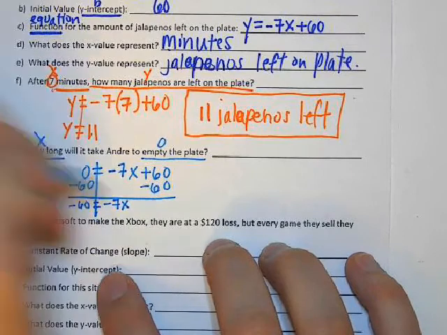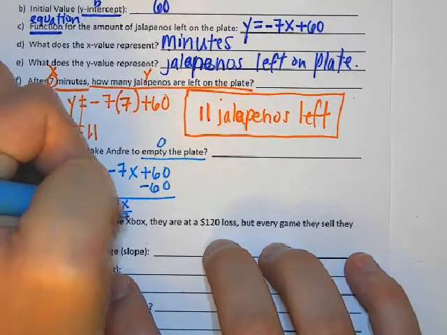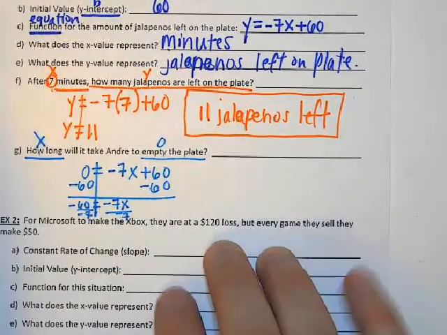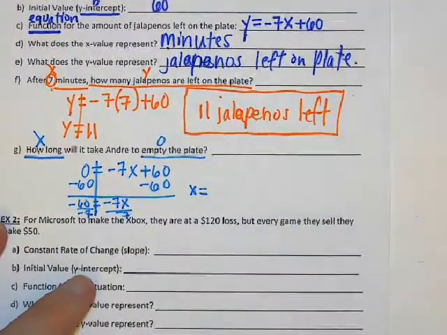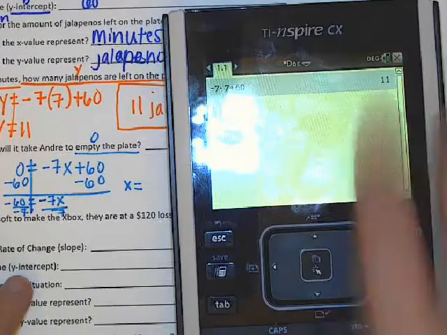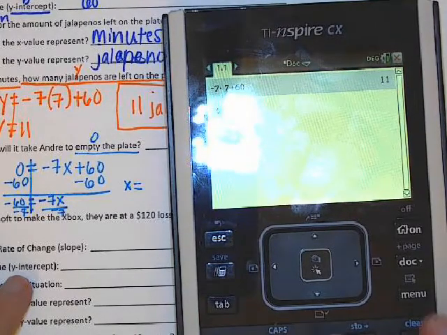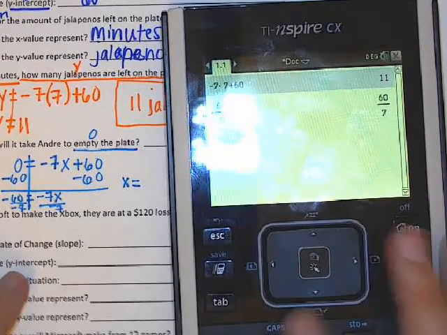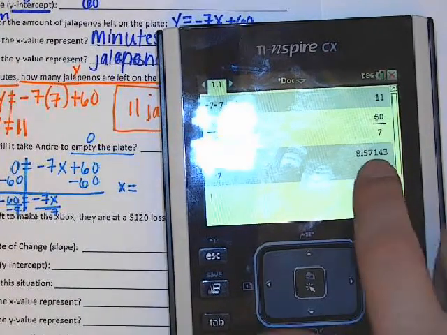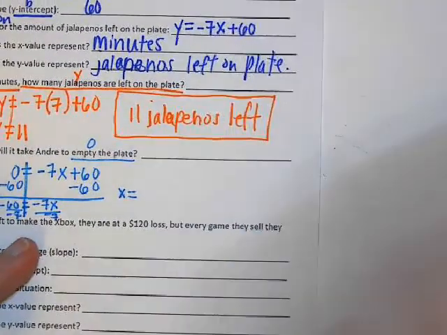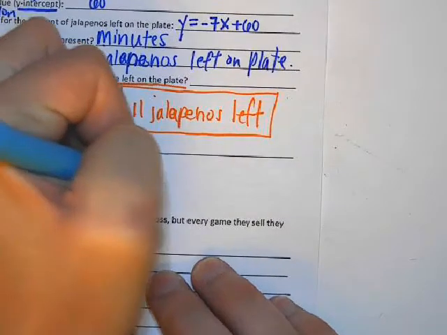Divide by negative 7 on both sides. So x equals what? Okay, if I do negative 60 divided by negative 7, I get a fraction, and I want a decimal, so control enter, and I get what? 8.57. I'm just going to round it to 8.5.